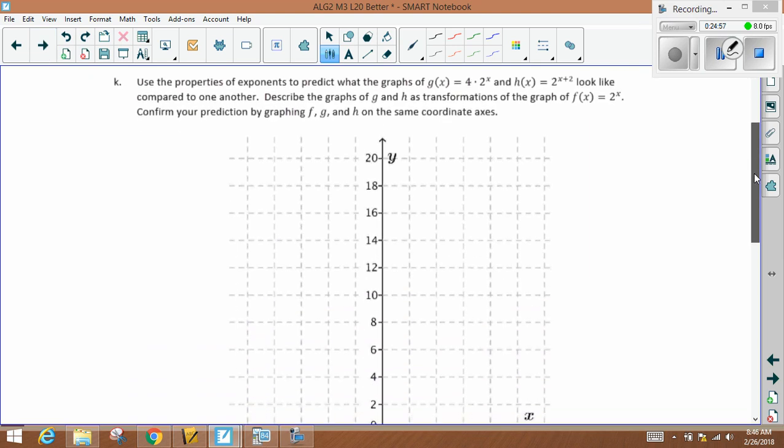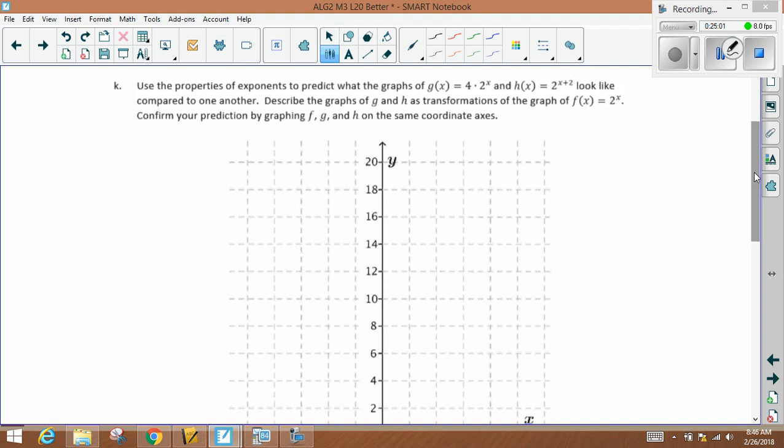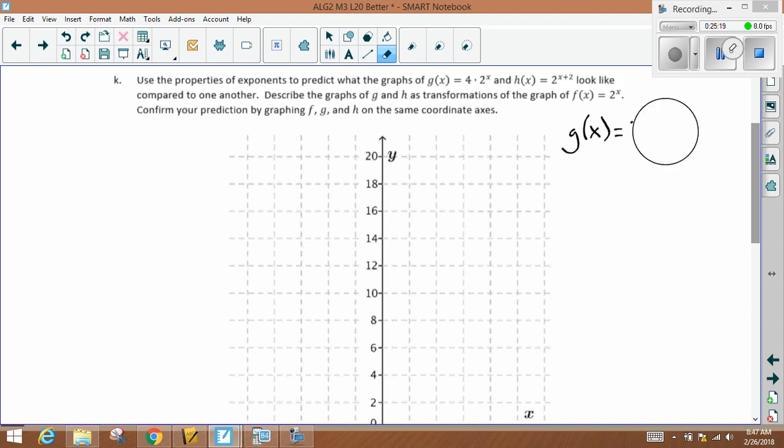Alright, let's use properties of exponents to predict what the graphs of g of x and h of x are going to look like. Well, let's look at g of x. Let's do some interesting math to this. Isn't that the same thing as 2 squared times 2 to the x? Let me write the first step. I'm sorry, that is my next step. I'm just going to rewrite the problem here.